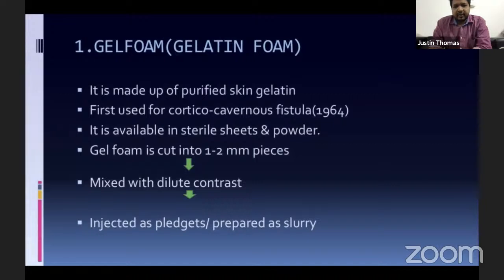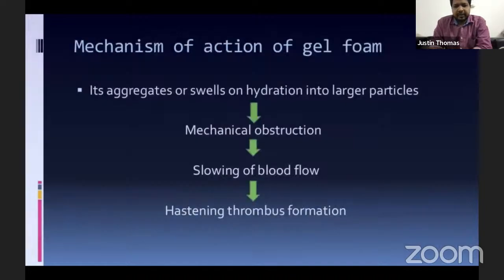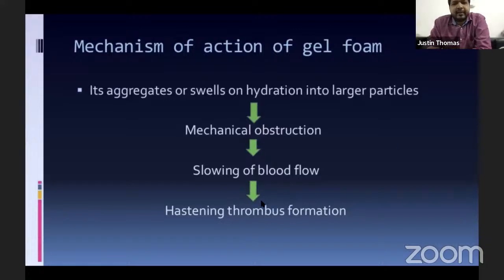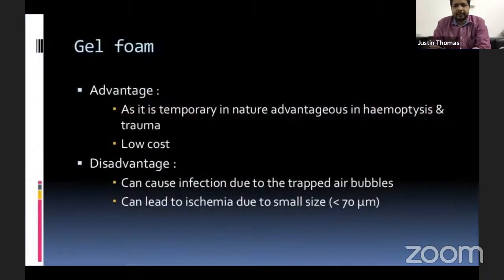It can be made as a pledget or as a slurry. So, what is the mechanism of action of gel foam? It aggregates and swells on hydration into larger particles, thereby causing mechanical obstruction, slowing of flow, and thrombus formation. It is temporary in nature, can be used in trauma and hemoptysis, and it is cheap.